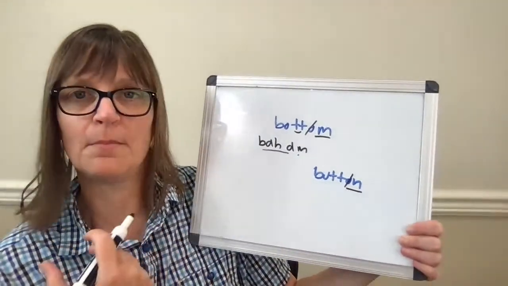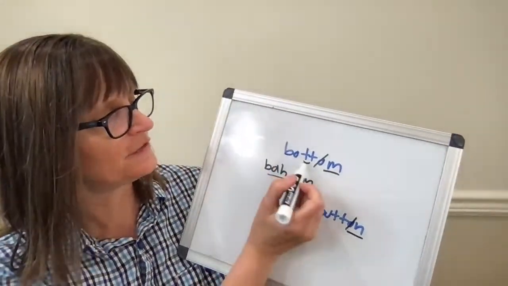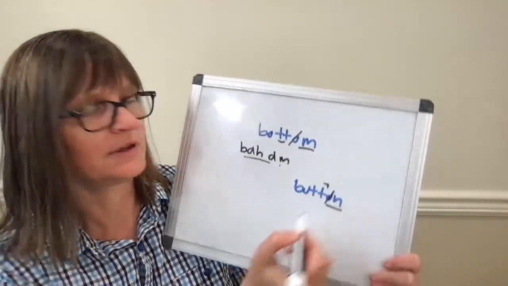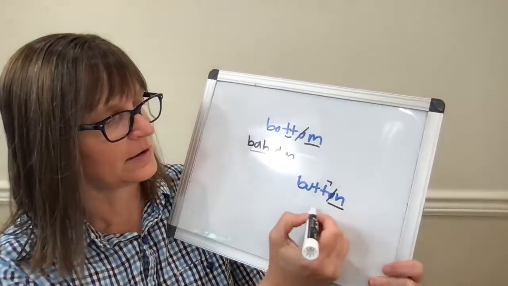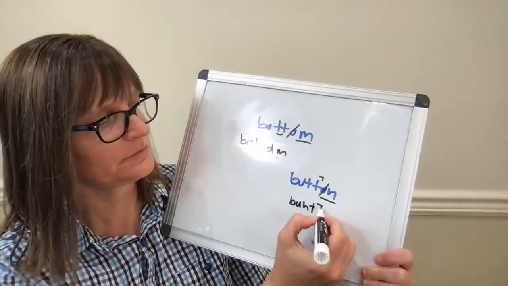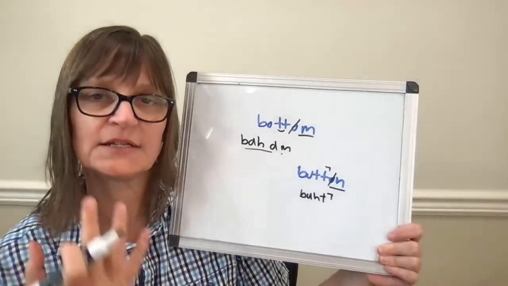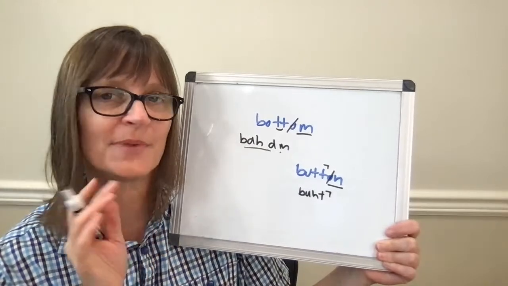And same thing with button, slightly different actually. This one is a flap and this one is a stop. So for button, I use the vowel schwa. I don't release that T, but I make the T shape with my tongue, and I don't let the air out.